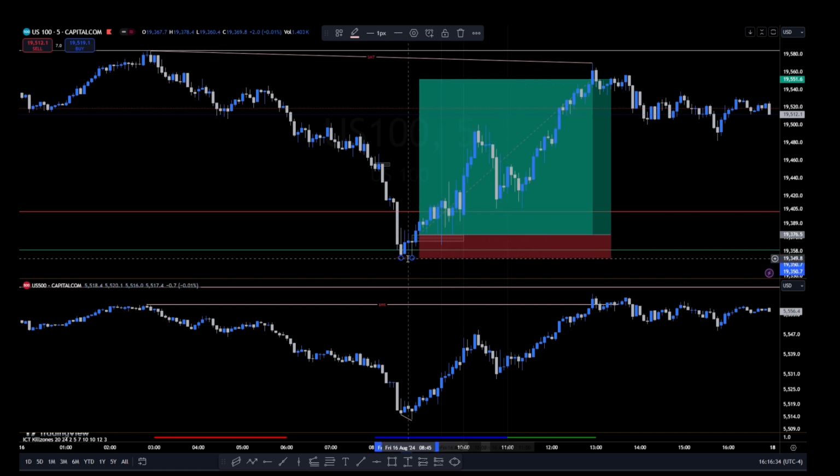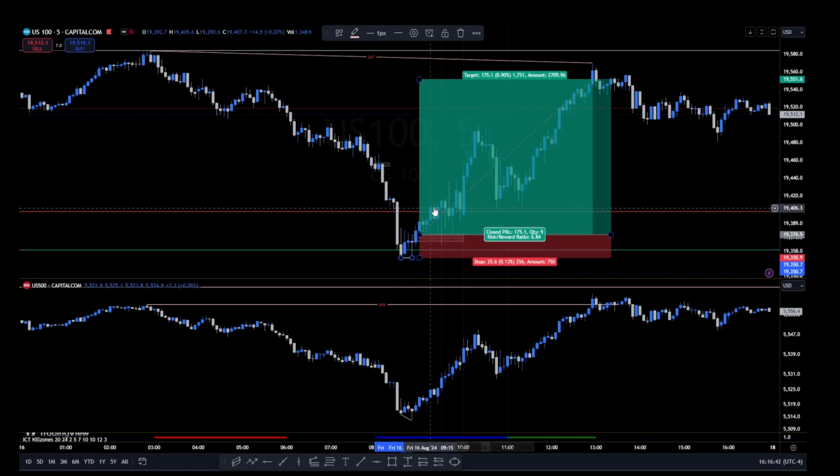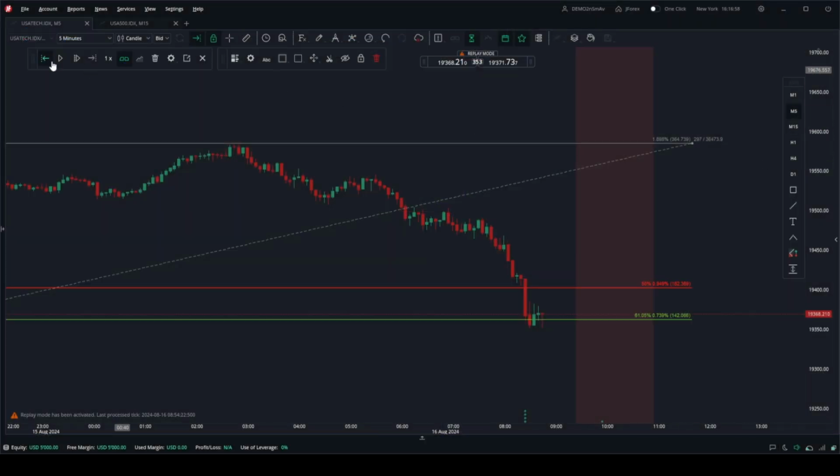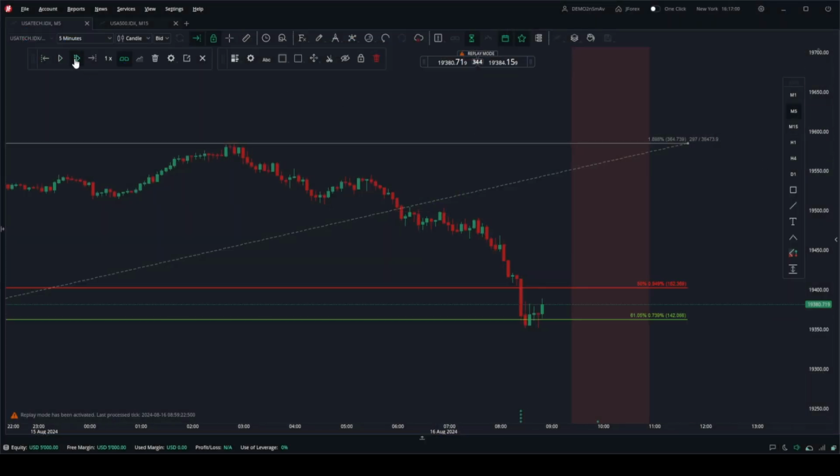So I expected the price to come backward to the top, so that the price is going to make some FVG and then retrace back. After seeing that, I waited for the price to make an FVG.